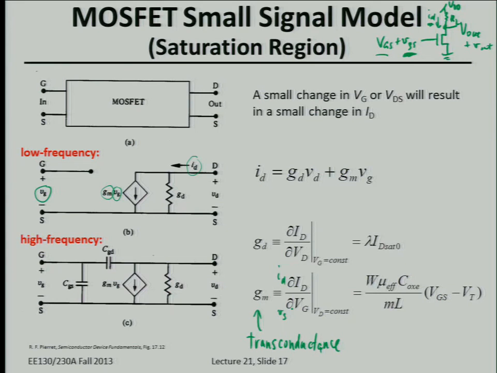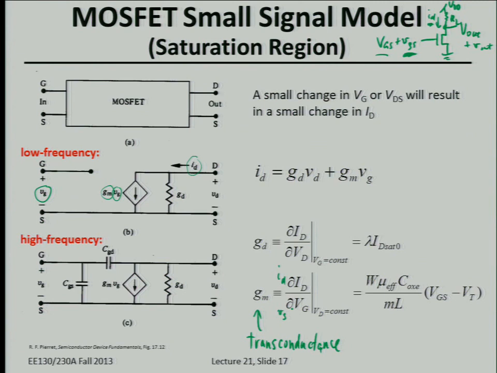Okay, so qualitatively, let's look at this. If you have high transconductance, that means you can have a large change in drain current for a small change in gate voltage. That's true if you have good capacitive coupling between the gate and the channel. That's true if you have a large current flowing in the first place.